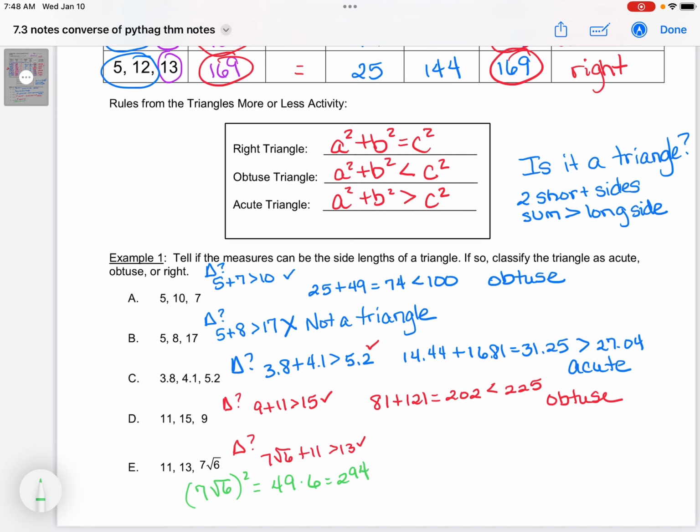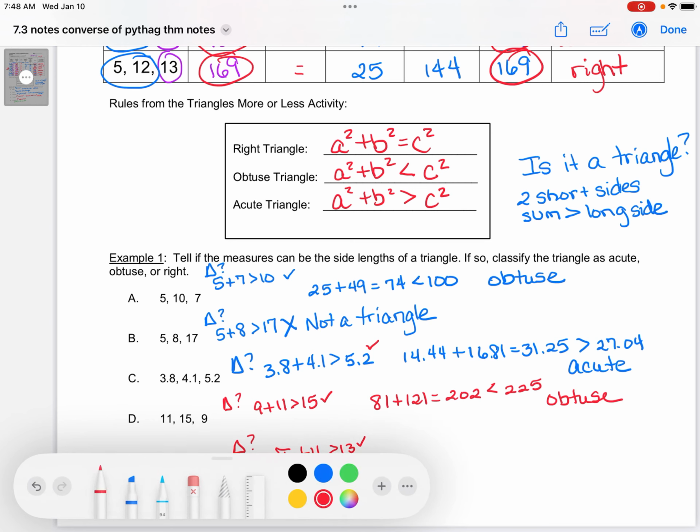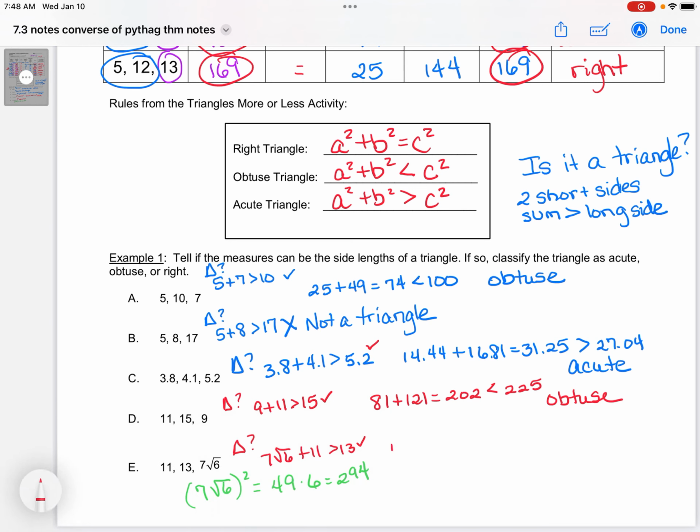Okay, so we have 121 plus 294 equals 415. And 415, I know, wow.